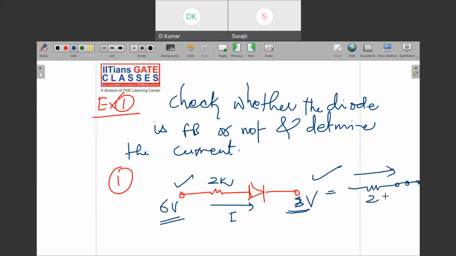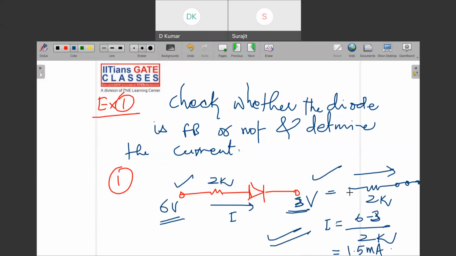That is 2K, so I will be 6 minus 3 by 2, which is 1.5 milliampere.